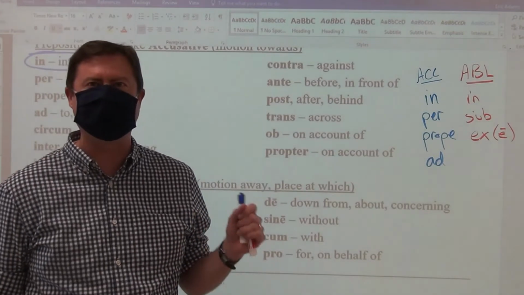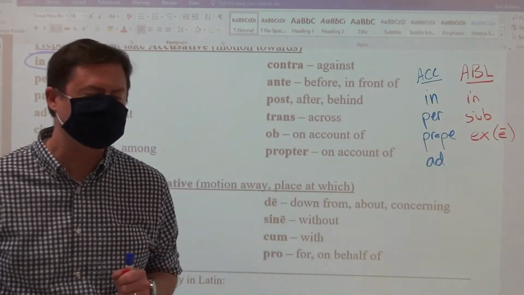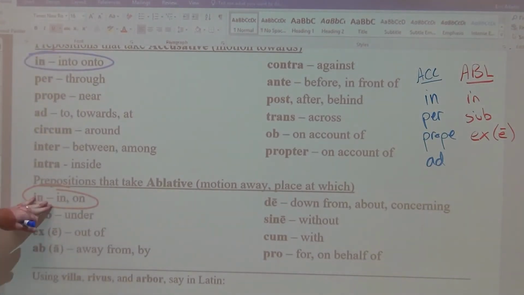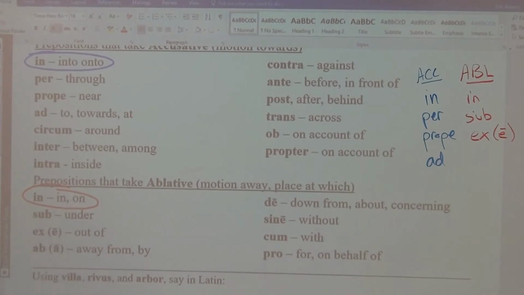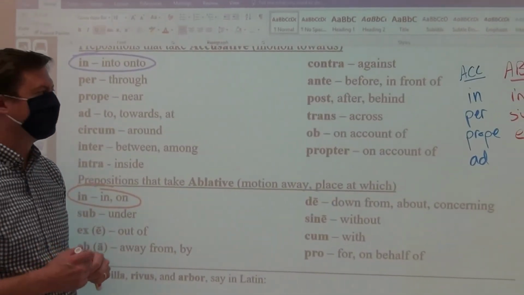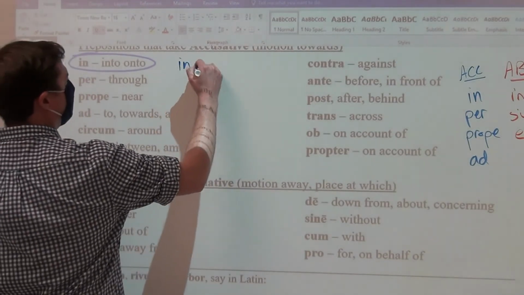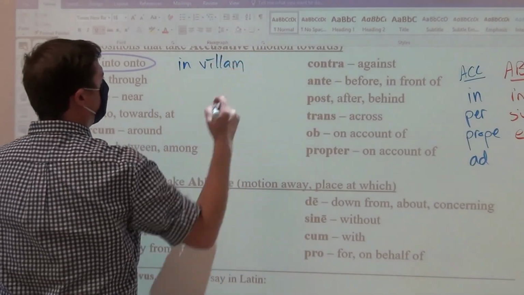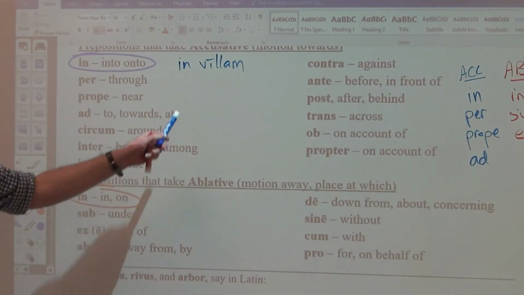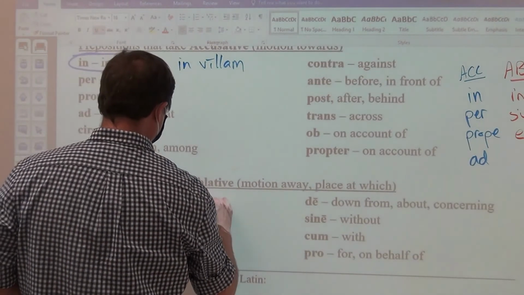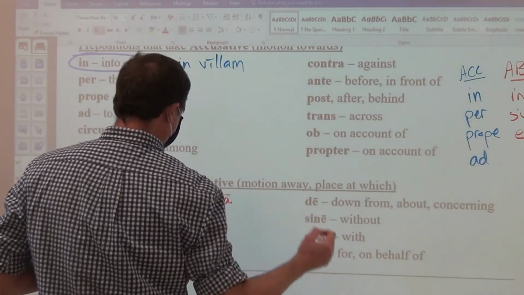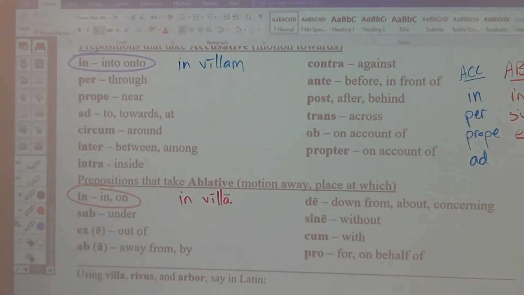Make sure you write down the Flash. Whereas if it's in plus a word in the ablative, it is merely going to mean in or on, as opposed to into or onto. We have seen this before in the examples of in villam, in plus accusative, into the country house, versus in villa, in the country house, or on the country house, I suppose.